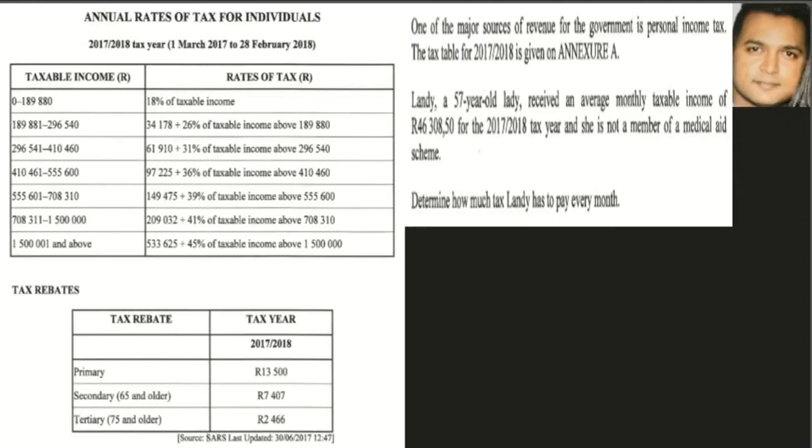So we are given a question and some information. It says one of the major sources of revenue for the government is personal income tax. The tax table for 2018 is given on Annexure A. Now this table would have been either at the back of your paper, or sometimes it's given separately, but this information must be given to you, and it's called an annexure.